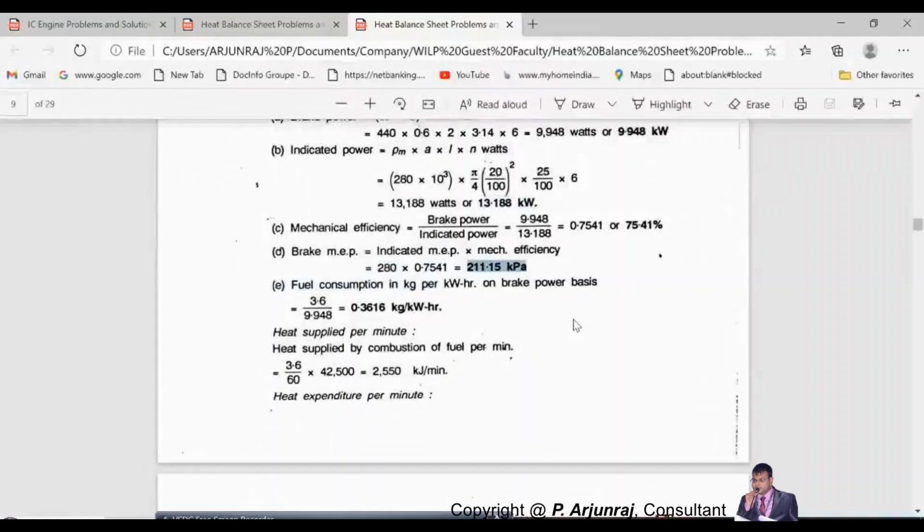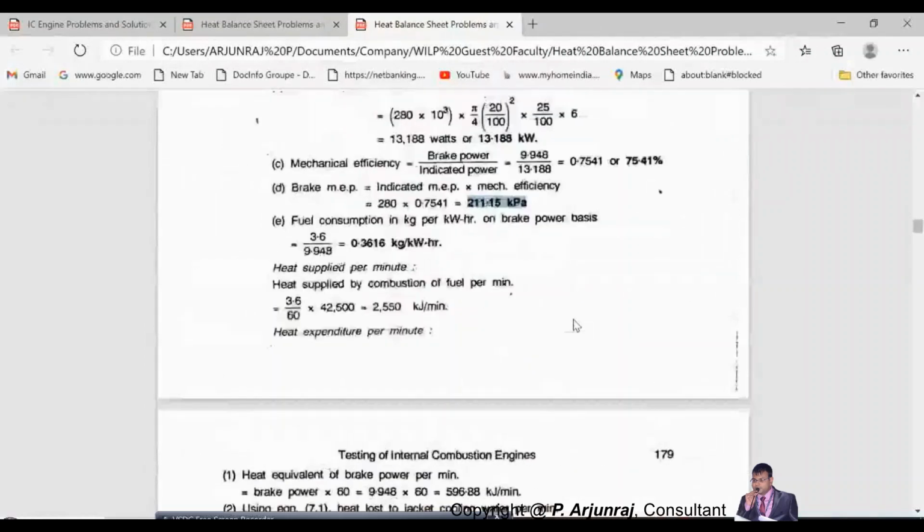Okay. So the next important thing is fuel consumption. You know the unit of fuel consumption is kilogram per kilowatt hour, where kilogram is the mass flow rate of the fuel. In the problem they have given the mass flow rate of the fuel as 3.6.